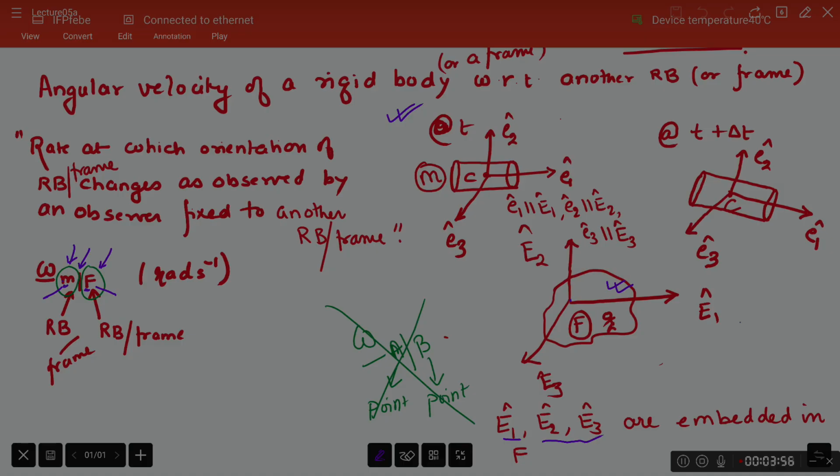Now let's consider a body M shown here. To this body I attach a set of mutually perpendicular unit vectors. Those unit vectors are small e1, small e2 and small e3, and say they are attached at a point which is fixed in the body M itself. So small e1, small e2 and small e3 are M embedded.